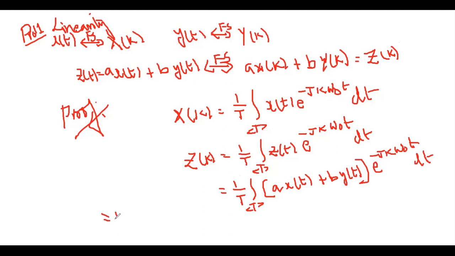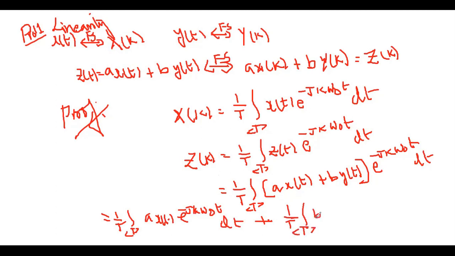The first is 1 by T, the integral over T, of a into x of t e power minus jk omega naught t dt, plus the second integral, 1 by T, the integral over T, of b into y of t e power minus jk omega naught t dt.